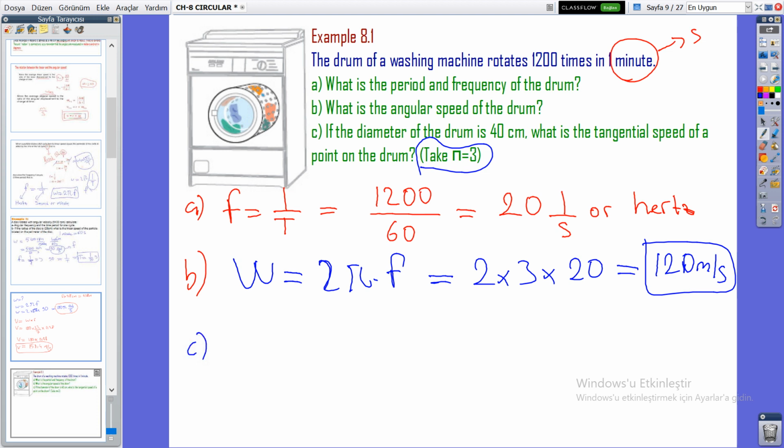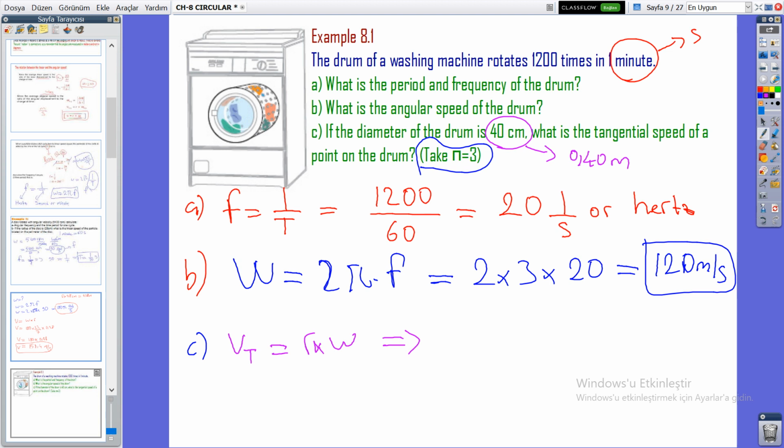And C, the last part: the diameter of the drum is 40 centimeters, so we must convert 40 centimeters to meters, which equals 0.40 meter. Our equation: tangential speed equals radius multiplied by angular speed. We found the angular speed, and it is giving the radius, so we can put only numbers.